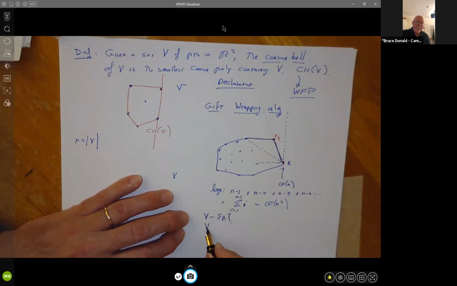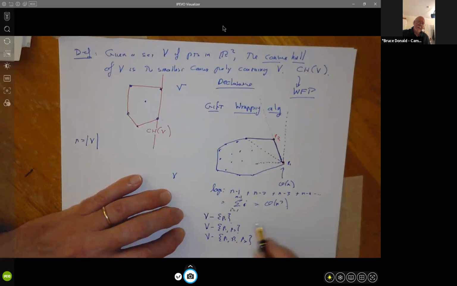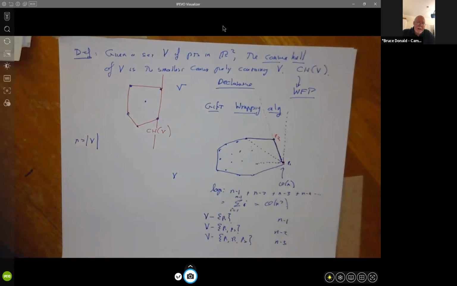The second step, you have all the points minus P1, P2. At the third step, you have all the points minus P1, P2, P3, right? And so the first time you're looking at n minus 1 points, second time n minus 2, third time n minus 3. So you're not comparing the slopes of points that are already on the hull. You're just looking at the unassigned points so far.